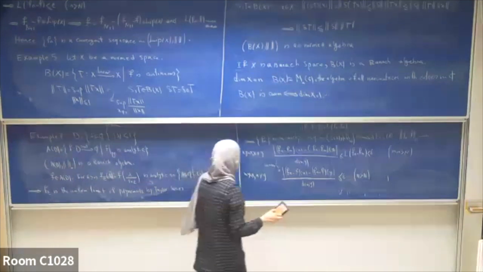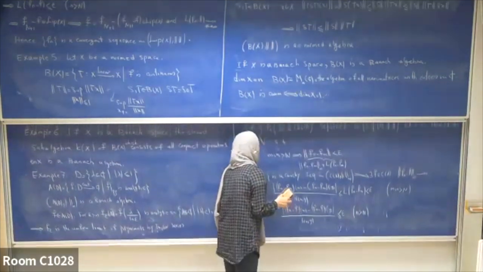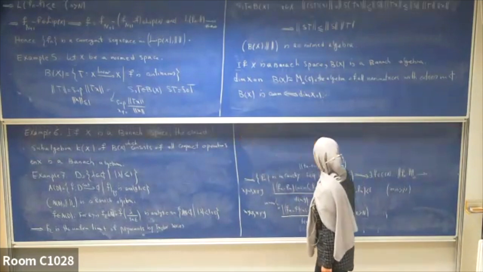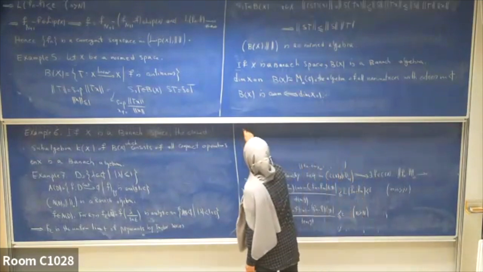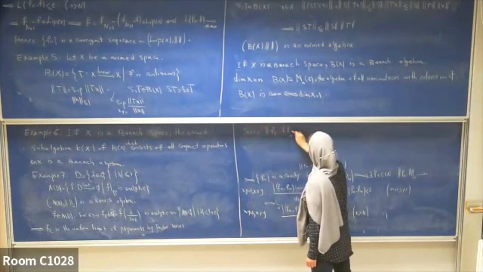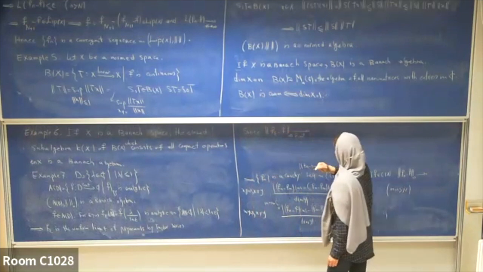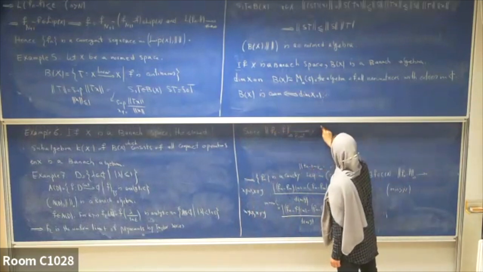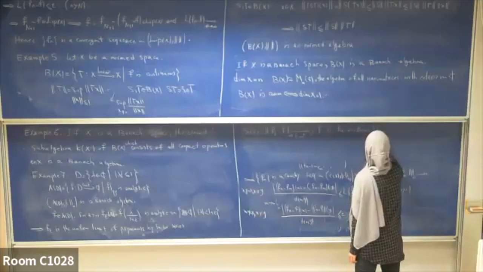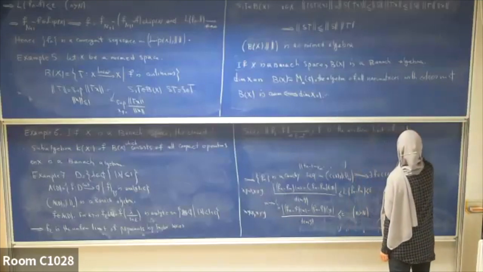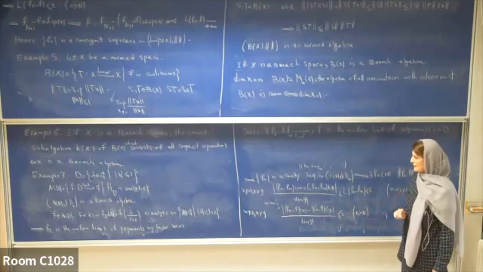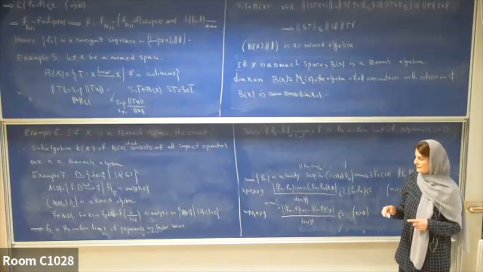And since f epsilon goes to f when epsilon goes to 0, since we have the supremum of f epsilon minus f goes to 0 when epsilon goes to 0, f is the uniform limit of polynomials on D. Actually, A of D is generated by 1 and Z, the identity function.